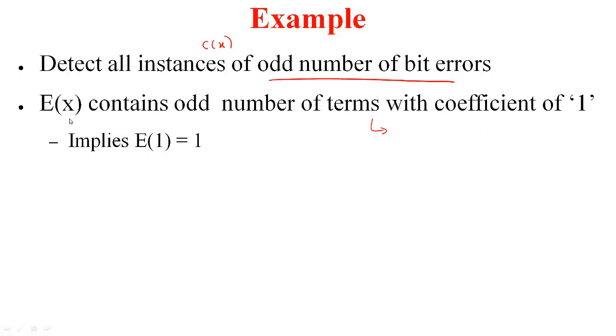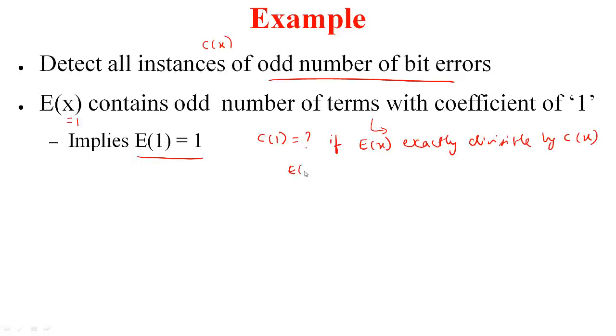Now if I were to substitute x is equal to 1 in the error polynomial, naturally since it has an odd number of terms, E(1) is going to be equal to 1. Remember, I cannot detect errors if E(x) were exactly divisible by C(x). So given E(1) is always going to be equal to 1 for an odd number of bit errors, what should C(1) be equal to if E(x) is exactly divisible by C(x)?